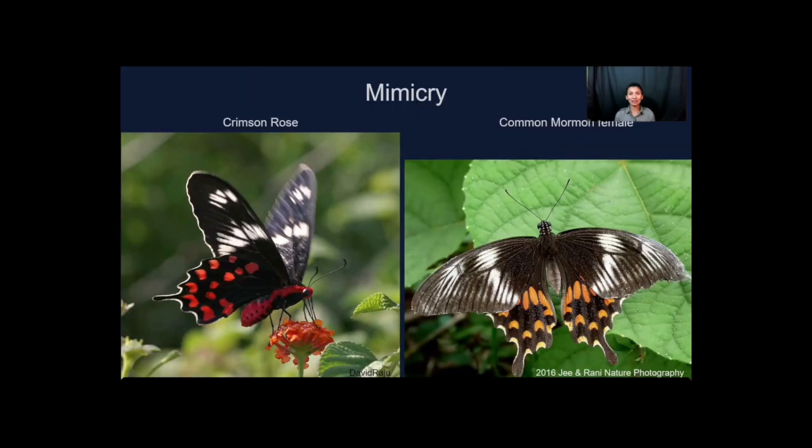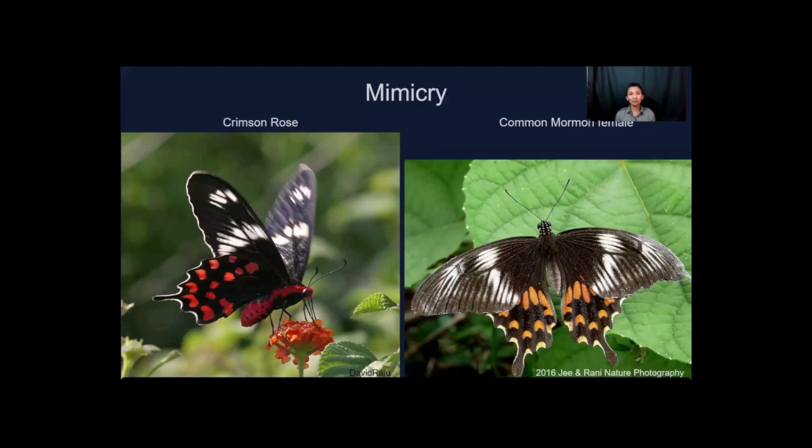Some butterflies mimic. The picture to your left is the crimson rose. The crimson rose is a brightly colored butterfly, and as you now know, in many insects, bright colors are warnings to predators that, hey, I am not nice to taste. On the other hand, you have the common Mormon female.